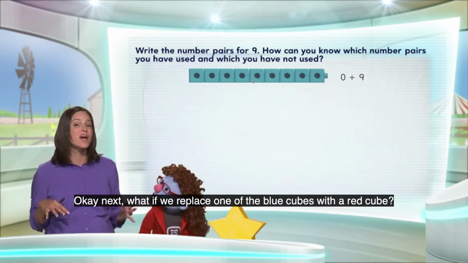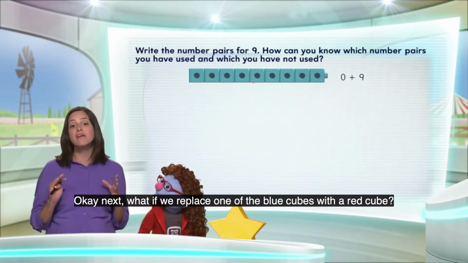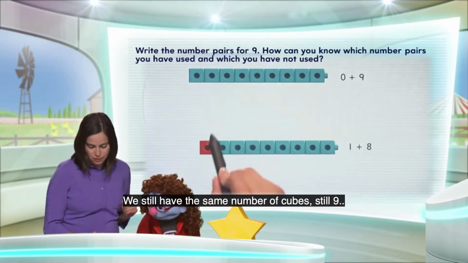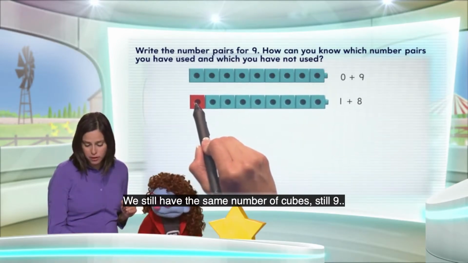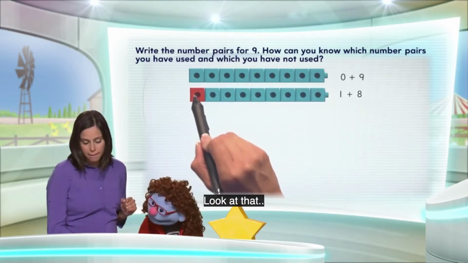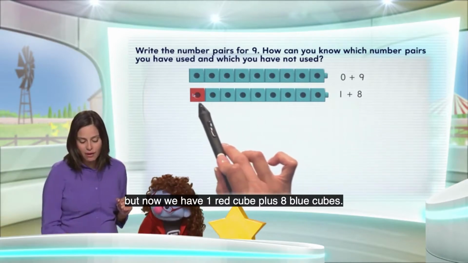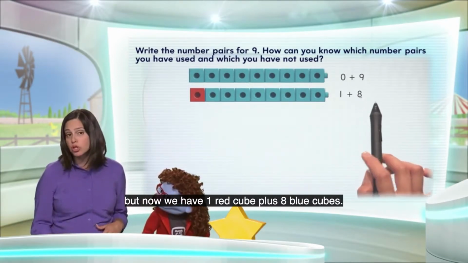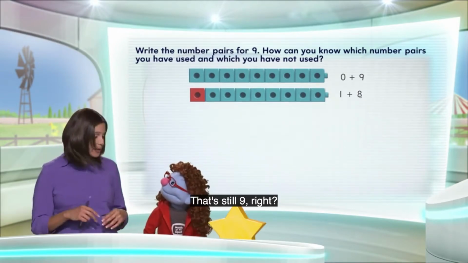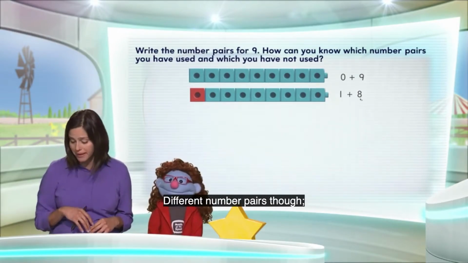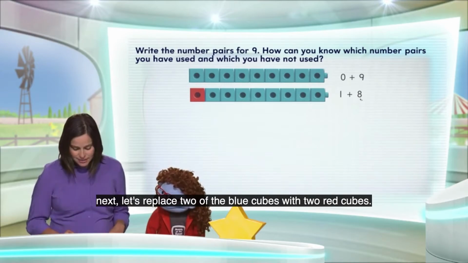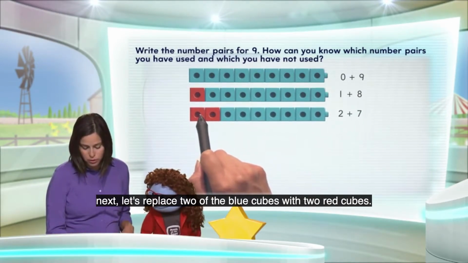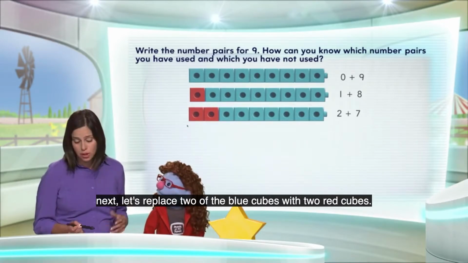Next, what if we replace one of the blue cubes with a red cube? We still have the same number of cubes, still 9. But now we have 1 red cube plus 8 blue cubes. That's still 9, right? Different number pairs, though. Next, let's replace 2 of the blue cubes with 2 red cubes.